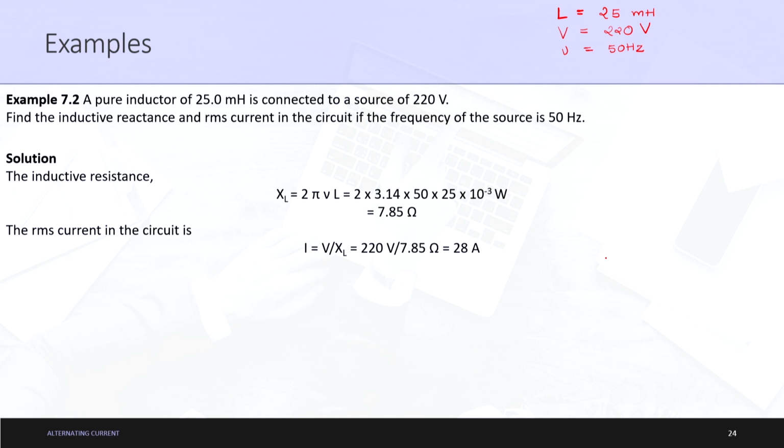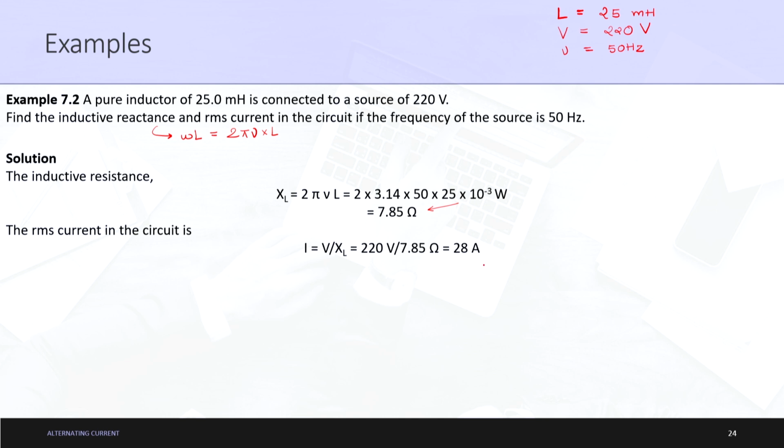First, find the inductive reactance. The simple formula: inductive reactance XL is equal to omega L, and omega is 2 pi nu, so XL equals 2 pi nu L. Substituting nu as 50 hertz and L as 25 millihenry, with simple calculations you will obtain the inductive reactance as 7.85 ohms.